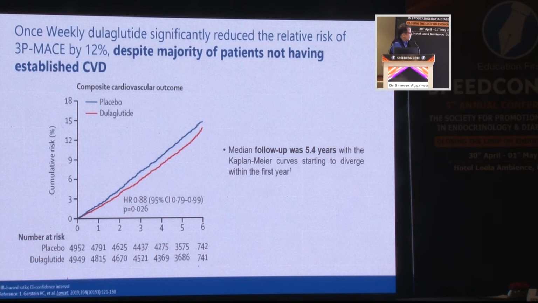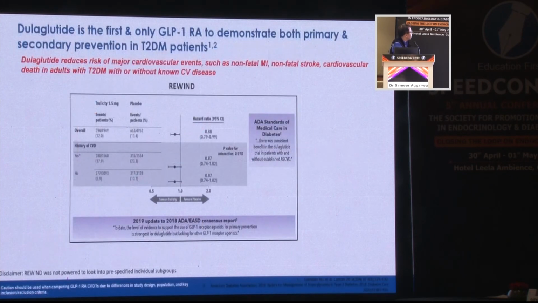Median follow-up was around 5.4 years. I think this was a very long period, and that was again one of the edges with the REWIND data. And you can see the red line of dulaglutide significantly decreased relative risk of 3-point MACE, establishing the confidence as a cardiovascular safe drug.